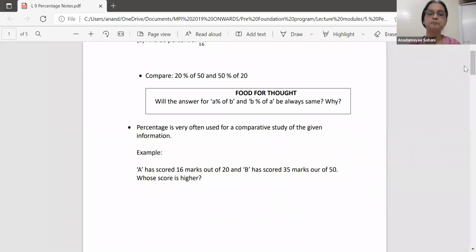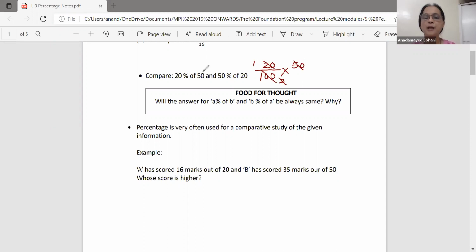Now we are going to find two values. 20% of 50. Okay, I'm going to find it, see the terminology. 20 per, cent is 100, of is multiplication, 50. This is 20% of 50. I can cancel: 50 ones are 50, 2 ones are 2, 2 tens are 20.